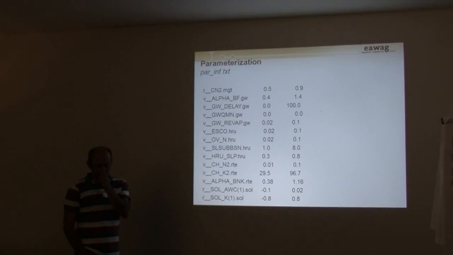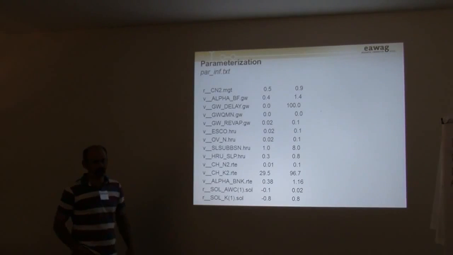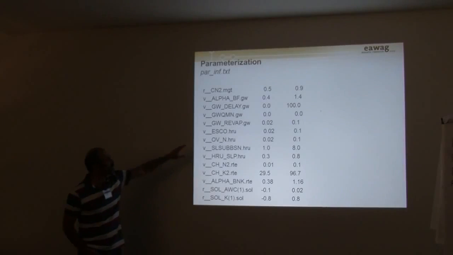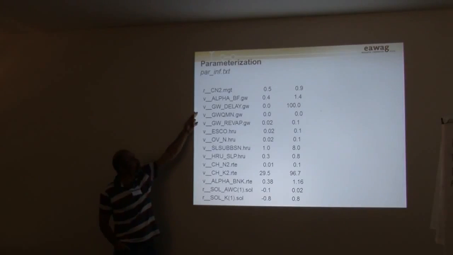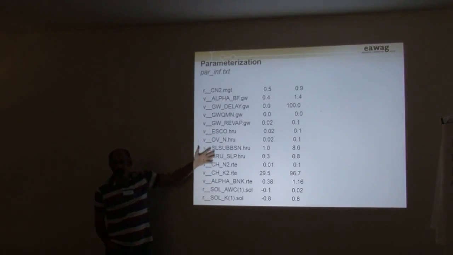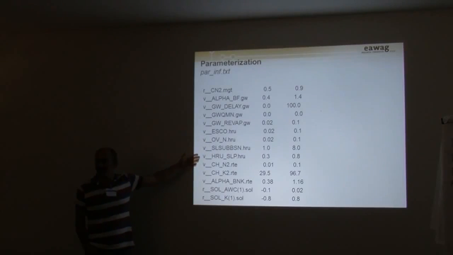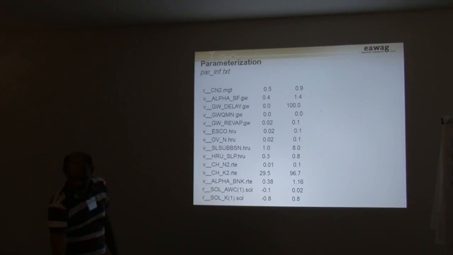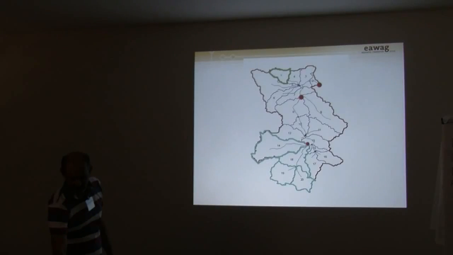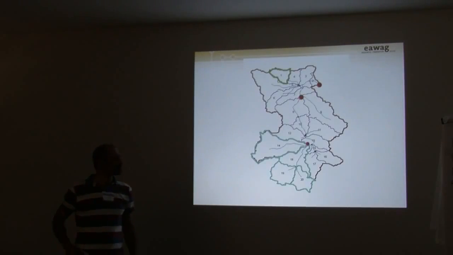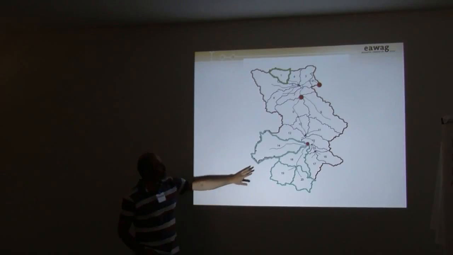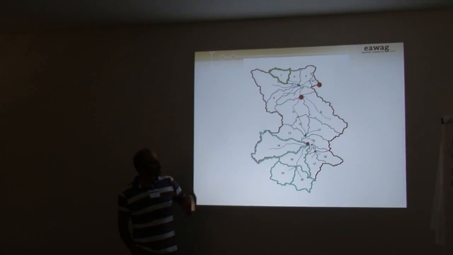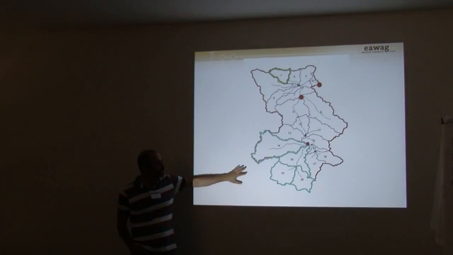Now, what happens by parameterization? Say you have a set of parameters, you have CN2, you have alpha base 2, and so on in your model, and you're trying to calibrate using these. The reason for parameterizing is this: this is your watershed, and this is the example that I will show you later.